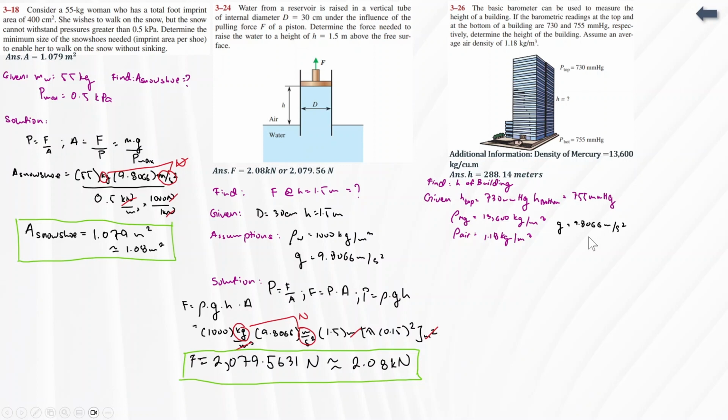I'm going to say this once: if something is not given here and you know you need to use it, I need you to state that in your given, or say, okay, here are my assumptions, sir. My G here, since you did not provide the acceleration due to gravity, is 9.8066. I know there's water in the given, but you did not provide the density, but you should already know that water is 1,000 kilogram per meter cube. Okay?